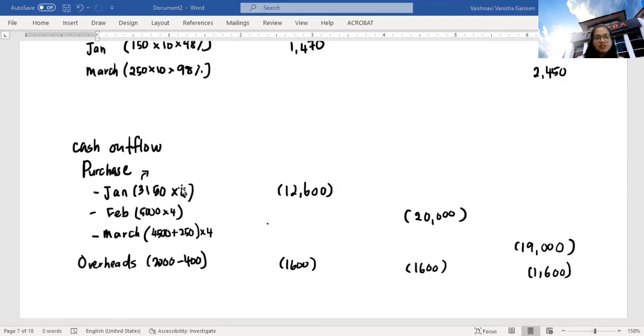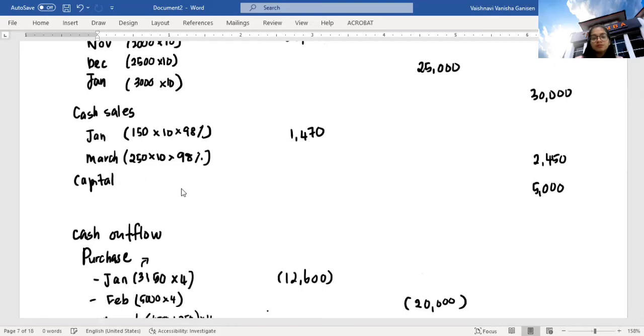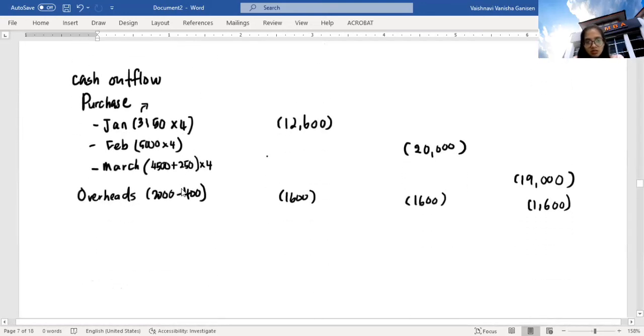Ben plans to inject a further 5,000 of his own money into the business. So that is your cash inflow, and he plans to invest it in March. So your cash inflow in March would be $5,000. So here you just need to add capital in March, 5,000. For your cash outflow, the non-current assets, he would also buy it in March.